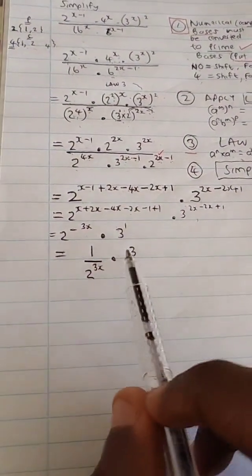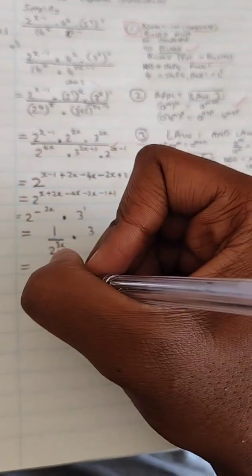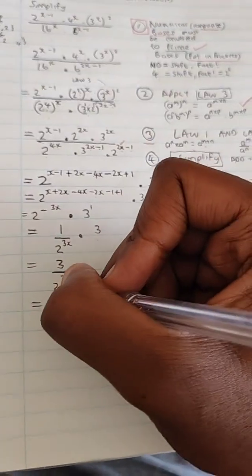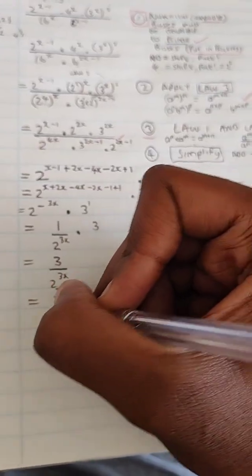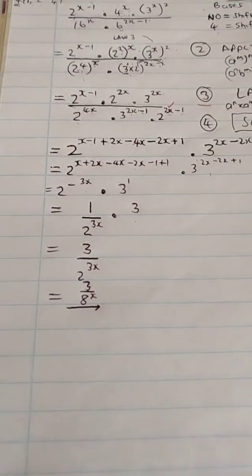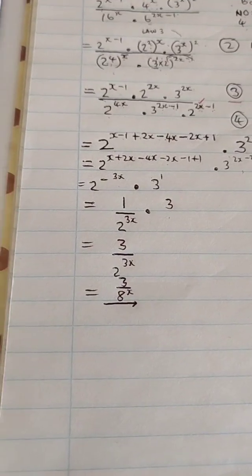Then this 3 times 1 in the numerator, that's going to be 3 over 2 to the power 3x, which can be written as 3 over 8 to the power x. And that's basically your answer. You leave your answer in positive exponents.